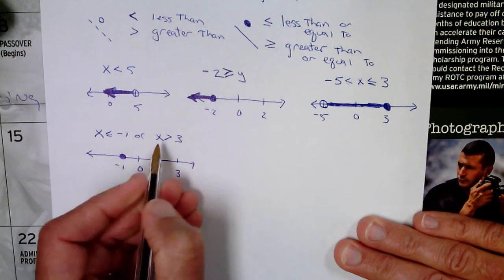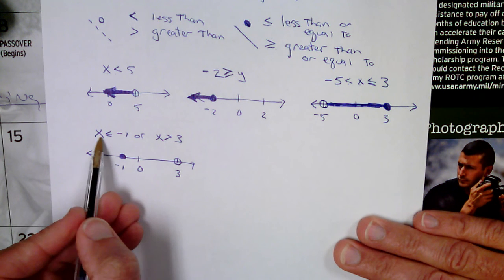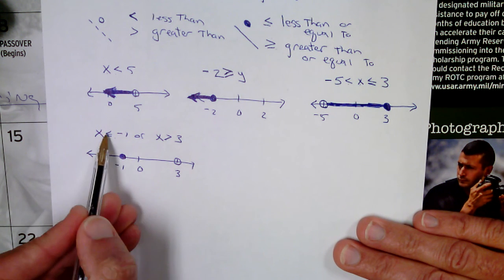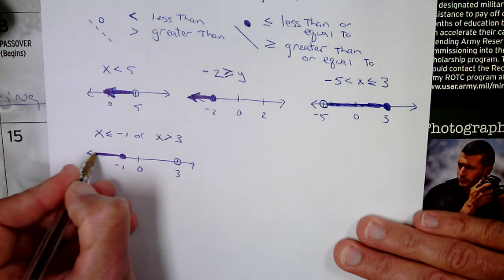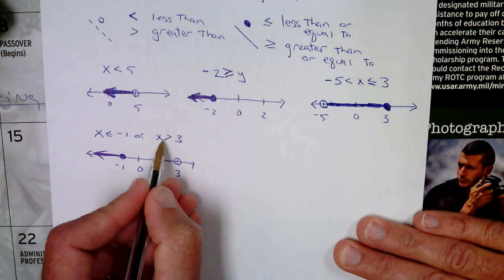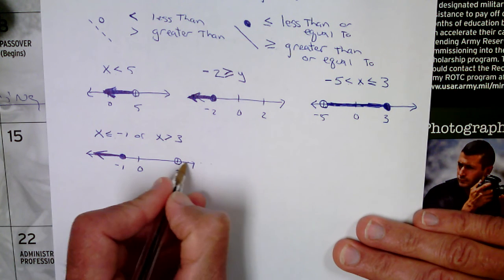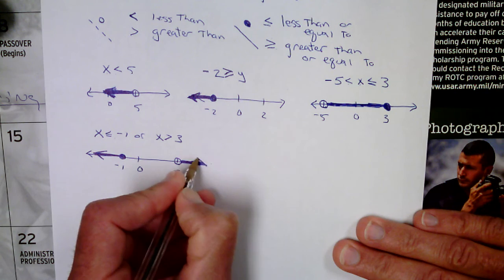Open circle at +3. Where are all the values that make this one true? Well, they have to be down here: -2, -3, -5. Those are all less than -1. So I'm going to put this arrow there. And all the values that are greater than 3, so that's going to be 4, 5, 7. So I'm going to put those up here, and I'm going to draw that line out right there.